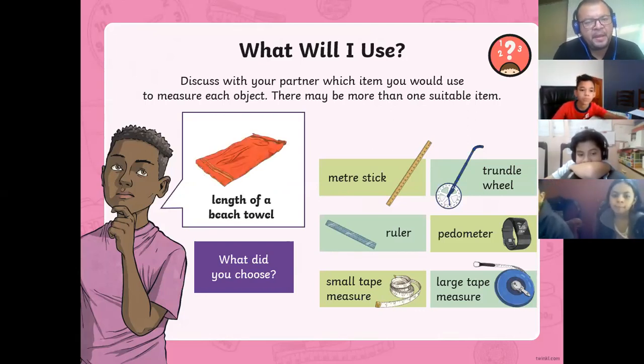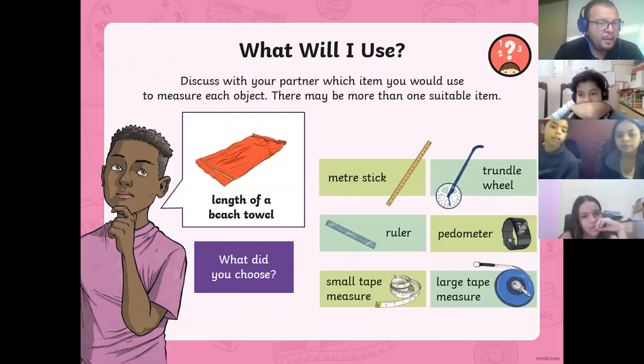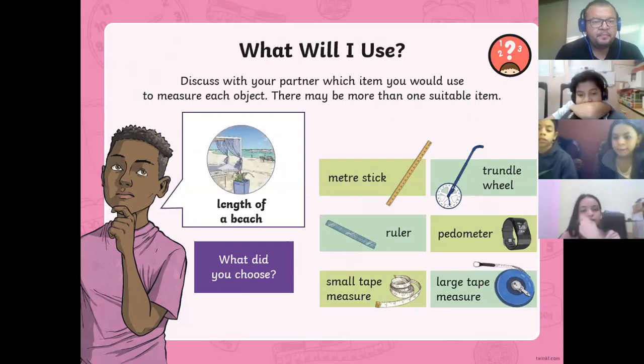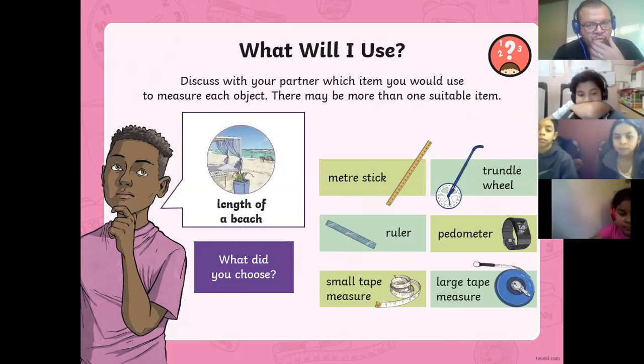Length of a beach towel. Meter stick. Small tape measure. Could be a meter stick or a small tape measure, right? And the length of a beach, what are you going to use? Trundle wheel. Tape measure.